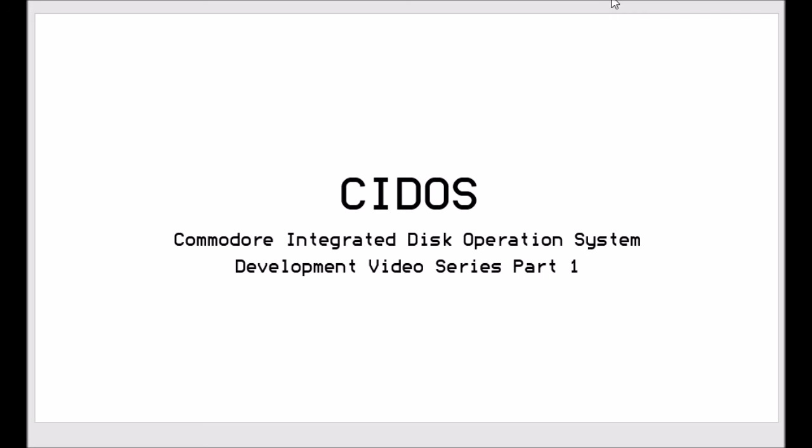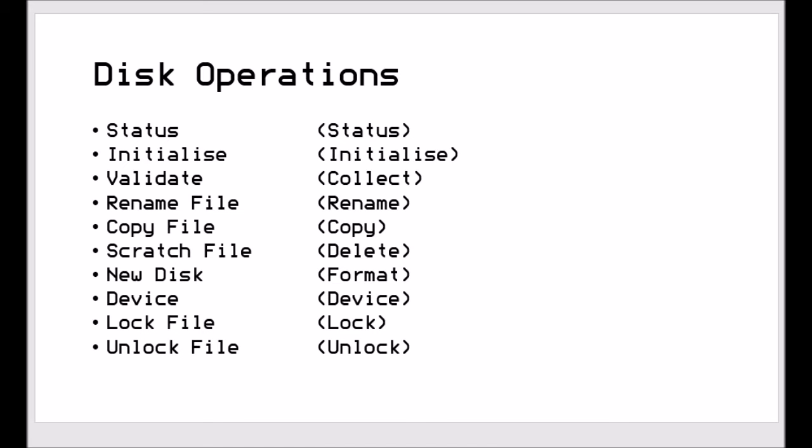In CIDOS we're going to encode the normal disk operations into the system. The word in brackets is going to be the BASIC keyword for that particular operation. And we've got 1, 2, 3, 4, 5, 6, 7, 8, 9, 10 operations for disk operations.